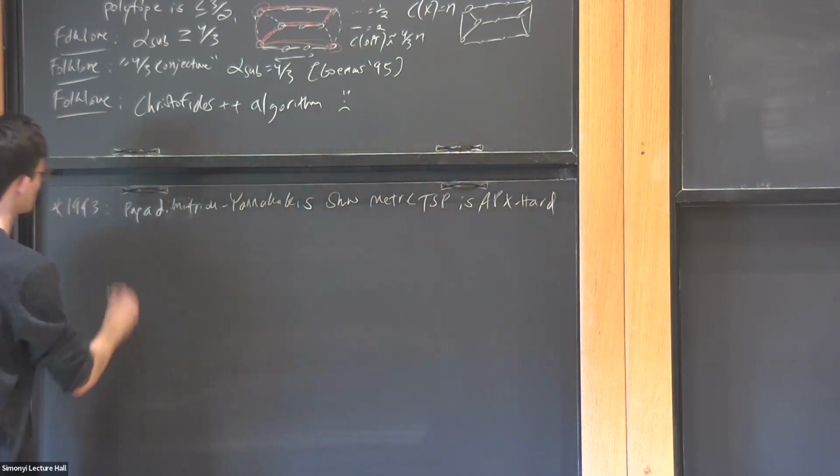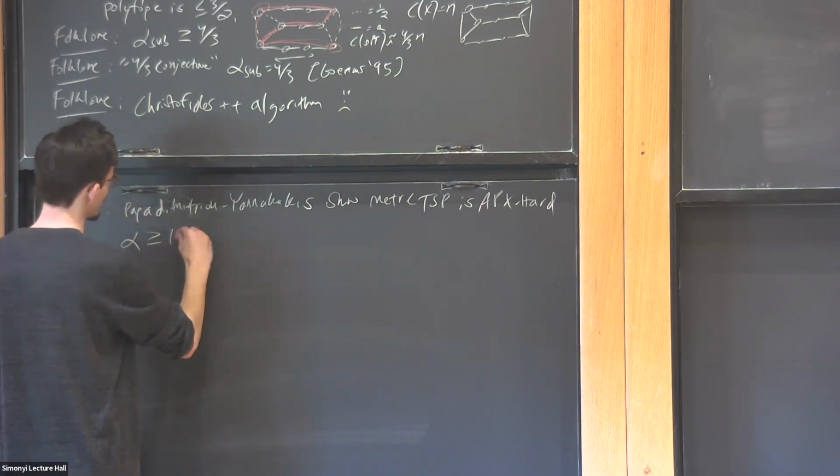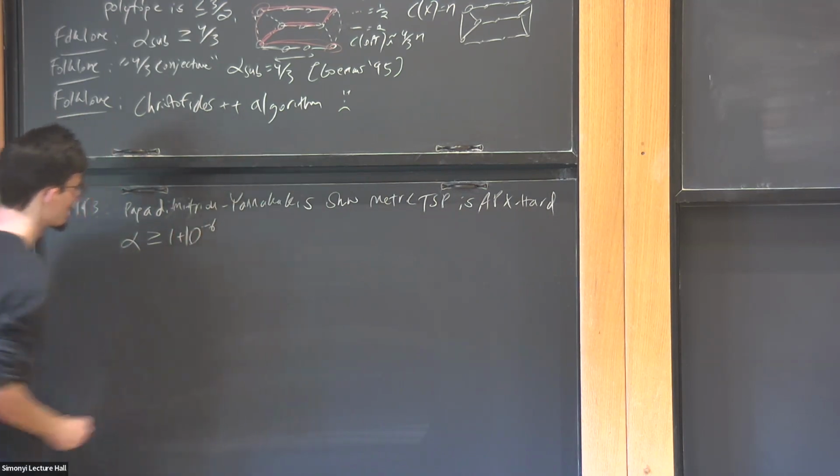In particular, they show that no approximation algorithm is going to do better than 1 plus 10 to the negative 6th.